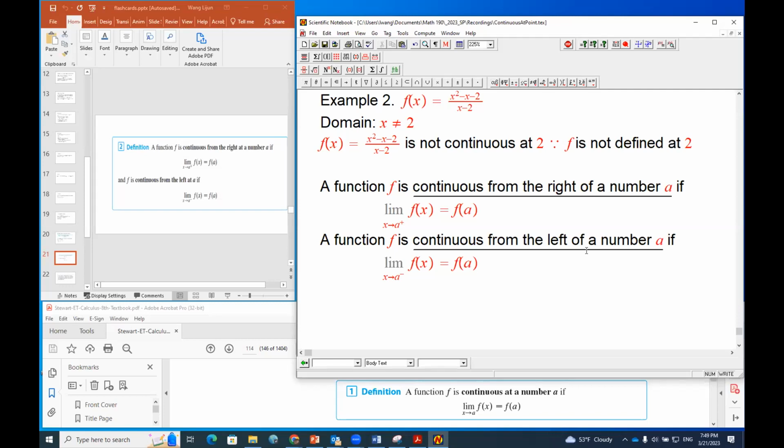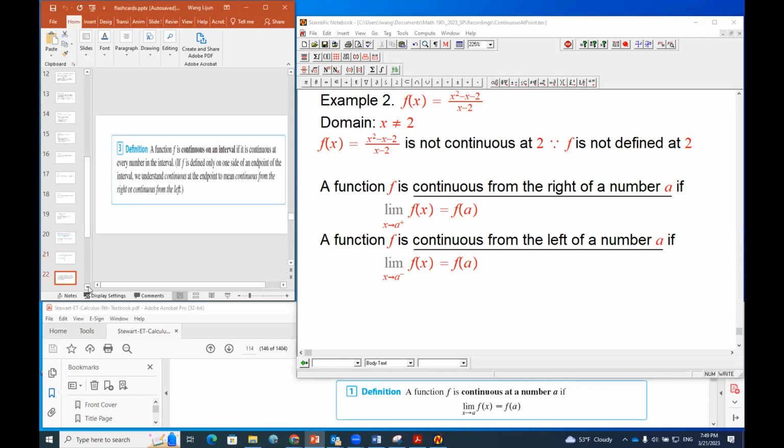So this is continuous from left or continuous from right. Now, the next definition, we're getting a whole bunch of them: how do we define a function defined on an interval?